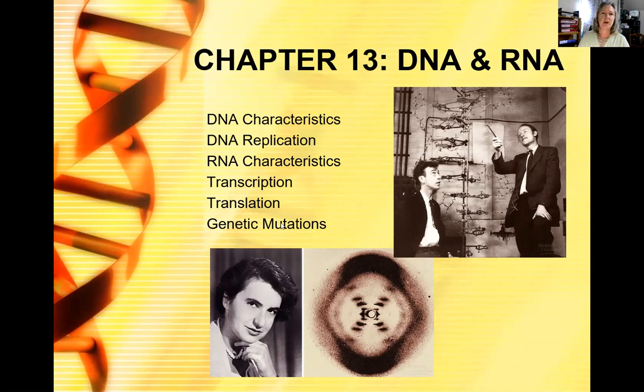So we just finished studying populations and how populations change over time. And a lot of that is due to environmental pressures. And so when we look at environmental pressures, occasionally we see mutations that happen at the genetic level.